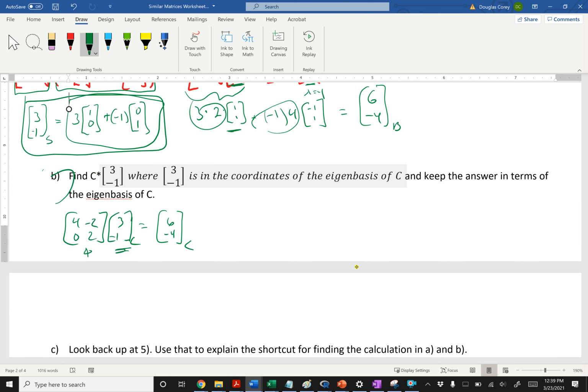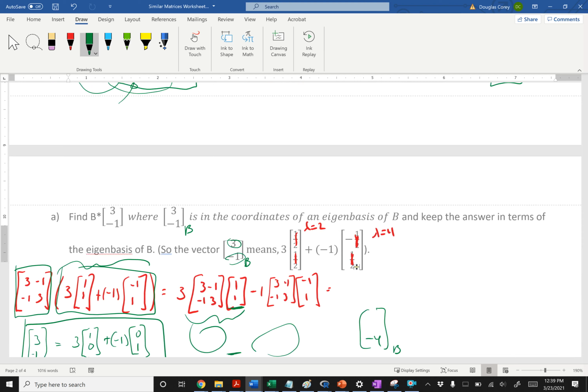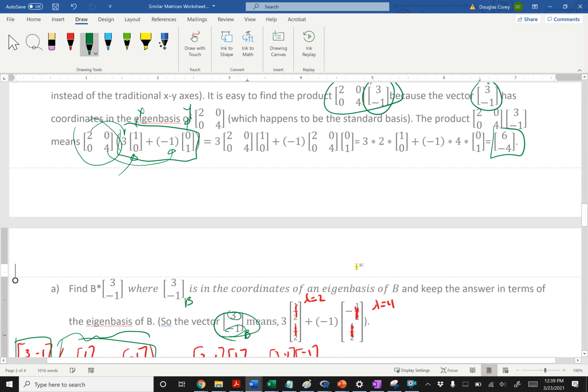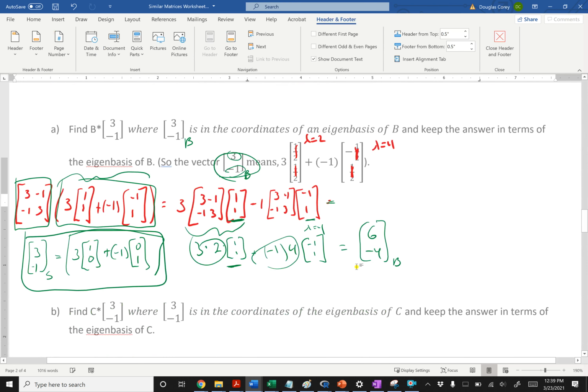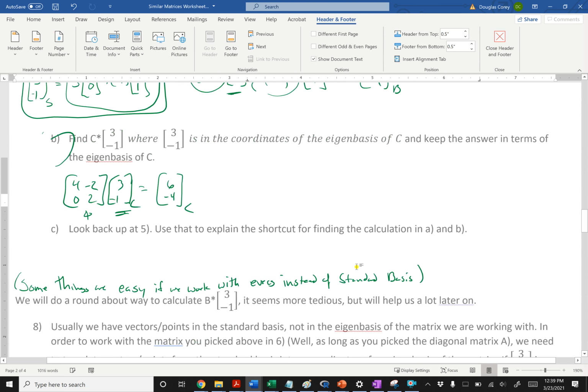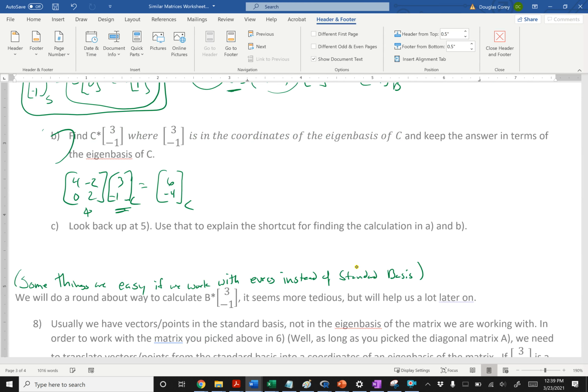So they don't start and end at the same spot, but the transformation that happens is the same. So look, I didn't even have to do that calculation here, because I could reason through what this was going to do.